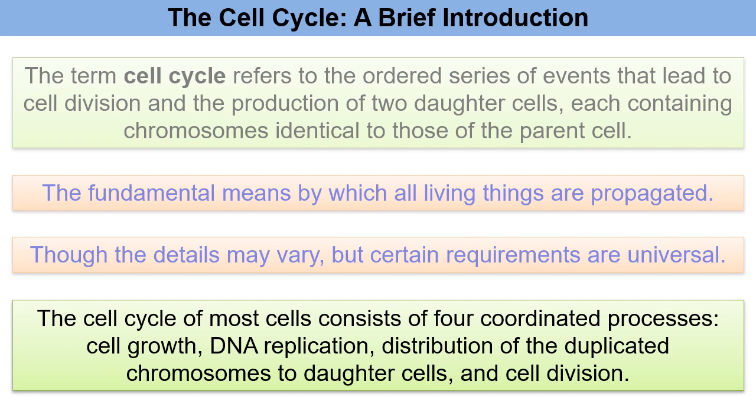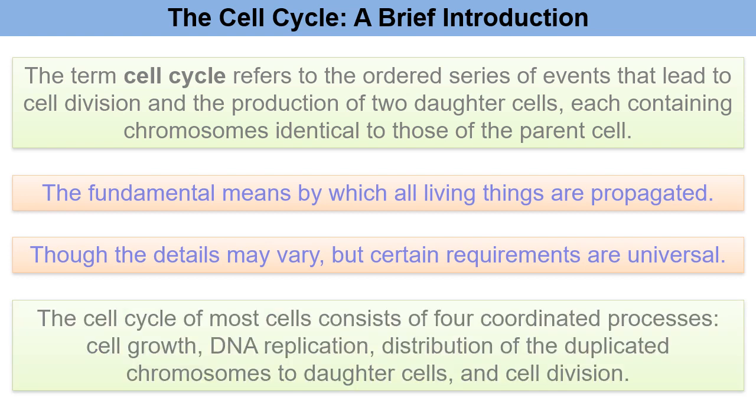Essentially, the cell cycle of most cells consists of four coordinated processes. These are cell growth, DNA replication, distribution of the duplicated chromosomes to daughter cells, and finally cell division. With this brief idea about the cell cycle and its necessity, let us now discuss the different phases of the cell cycle.